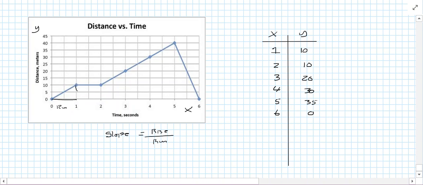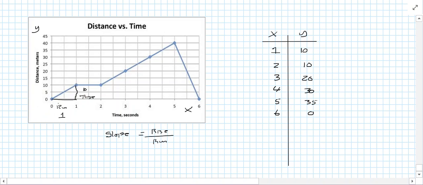And then from here to here, this is what's known as the rise. So what's the run here? From here to here, the run is equal to 1. And the rise then, from here to here, is equal to 10.